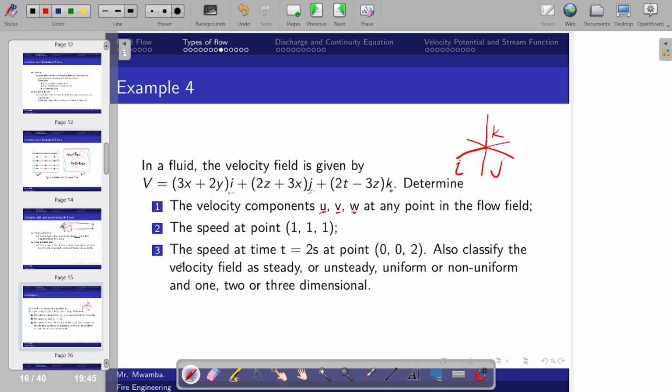Then determine also the speed at time t equal to 2 seconds at point 0, 0, 2. Also classify the velocity field as steady or unsteady, uniform or non-uniform, and 1, 2 or 3 dimensional.